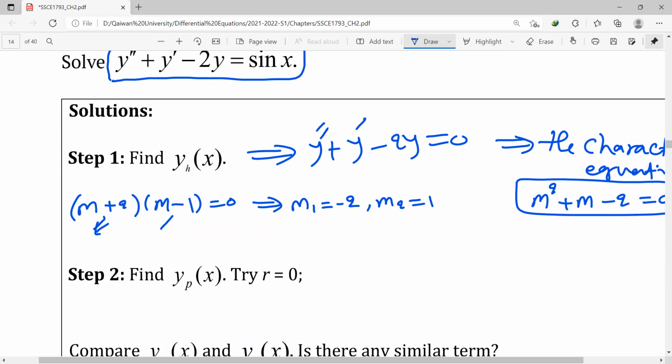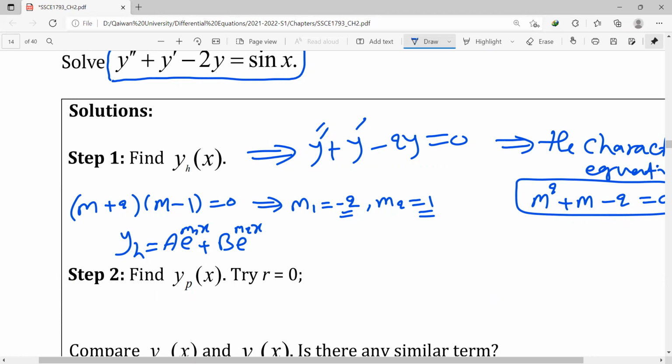Here we have two different values for m, and the first section in this chapter was about the homogeneous solution. We said that if we have two distinct values for m, the homogeneous solution is, and I'm just going to write down the general form, yh equals a e to the power m1x plus b e to the power m2x, for the case where m1 and m2 are different.